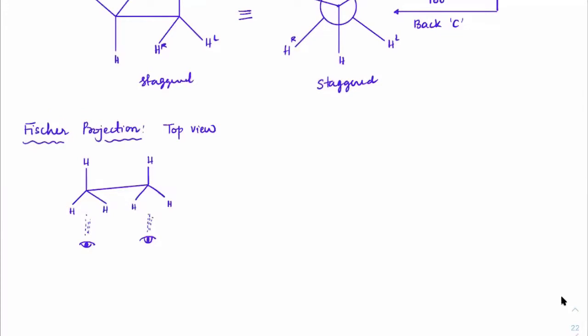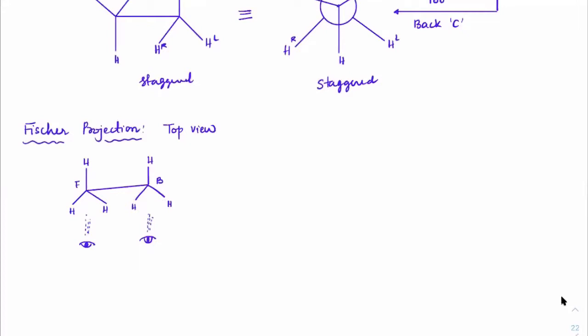Got it? So when you are watching the molecule from this end, you can see these two hydrogens facing towards you, and these two hydrogens will be away from you. And in here, what I'm doing, this is the front carbon, this is the back carbon, right?